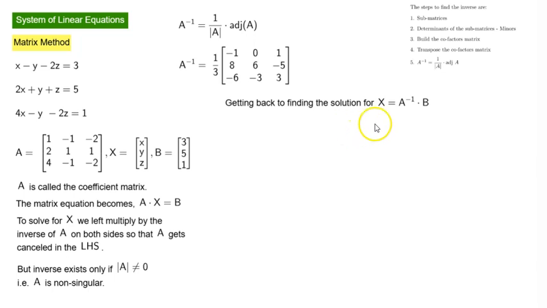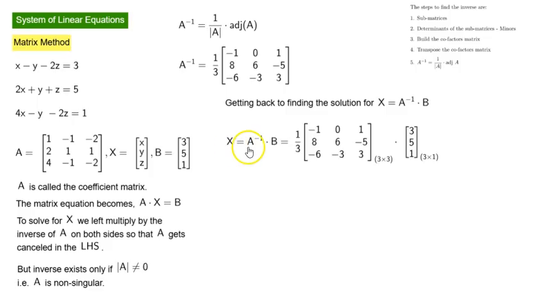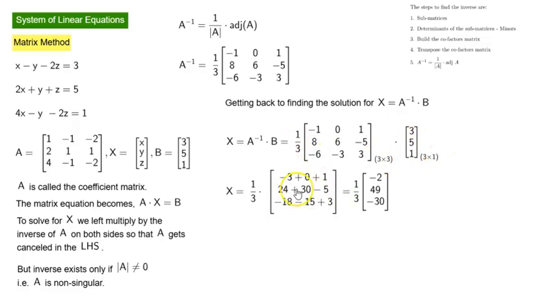Now, getting back to finding the solution for x equal to A inverse times B. So x is equal to A inverse times B, which is 1 by 3 times the adjoint of A times 3, 5, 1. This is the matrix of constants.